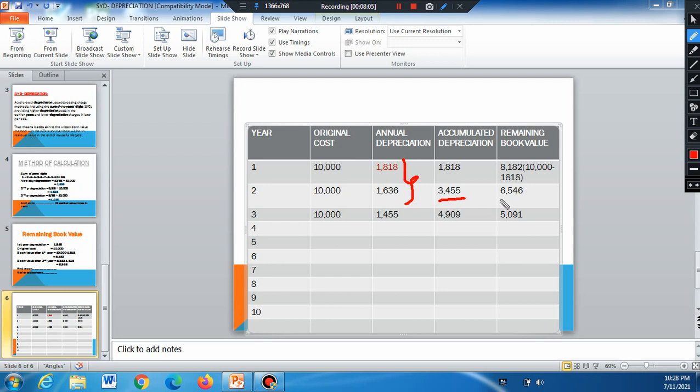How has this amount come? 6,546, because the remaining book value after 1 year was 8182, and after 2 years annual depreciation was 1636. So 8182 minus 1636 will be the remaining book value.